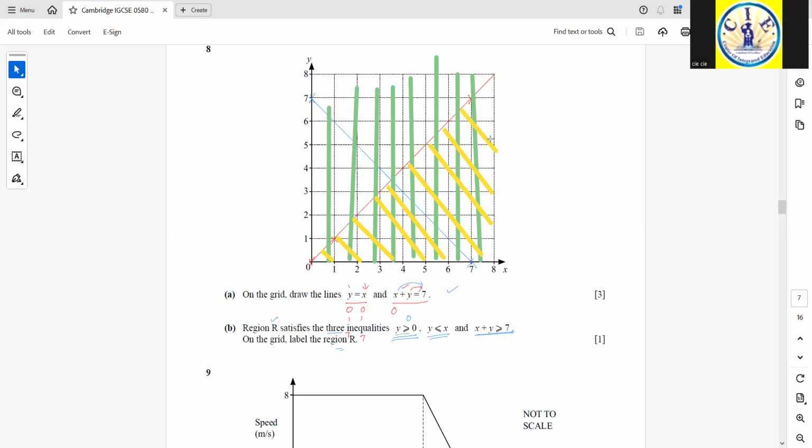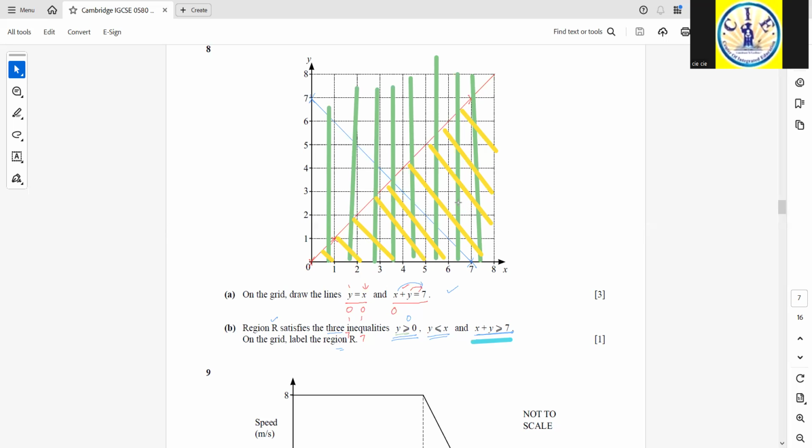and then for the third inequality, that is x plus y greater than or equal to 7, I should be having the values of x plus y greater than or equal to 7.